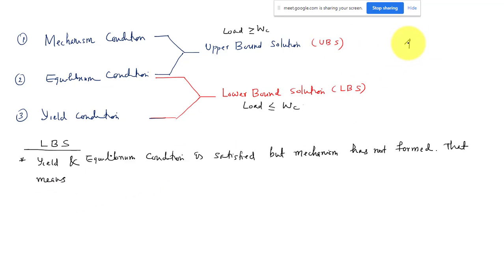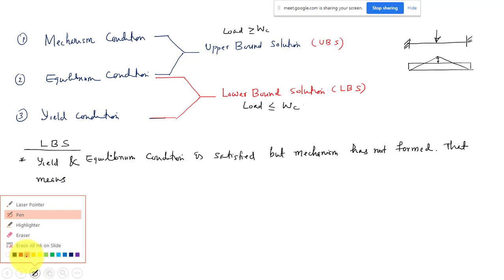Maybe I should have explained the mechanism first. If you take a fixed beam and apply a point load, and you draw the moment diagram, it will be like this. We have a peak moment at the fixed supports, and also a peak moment at the midspan.